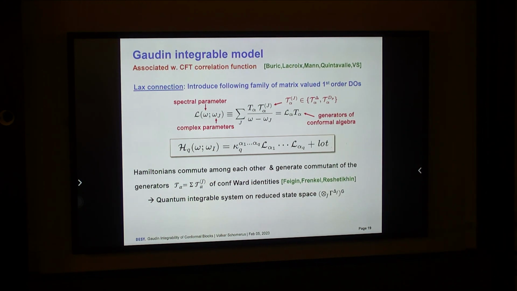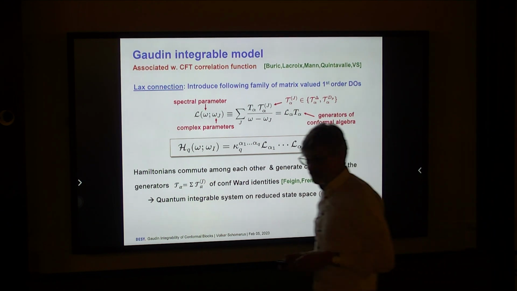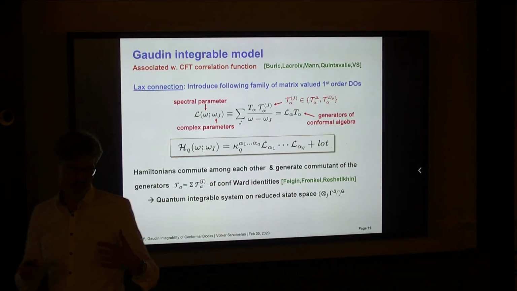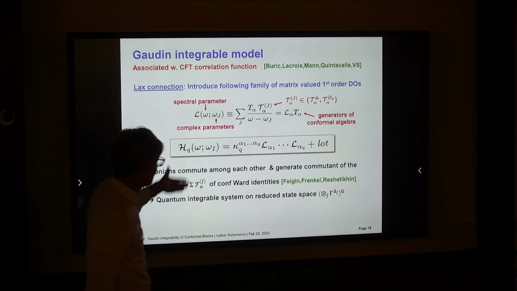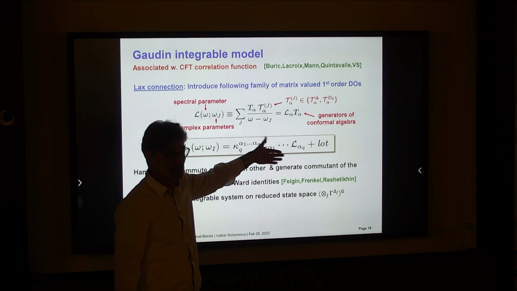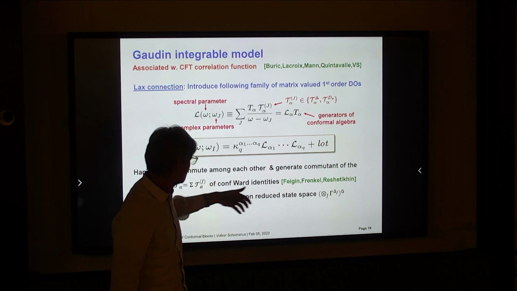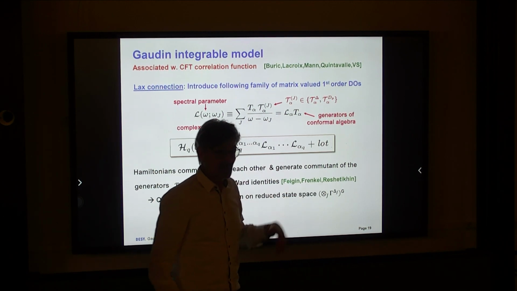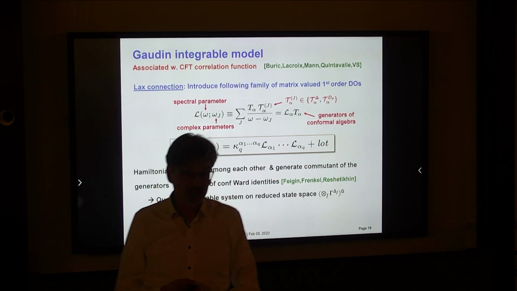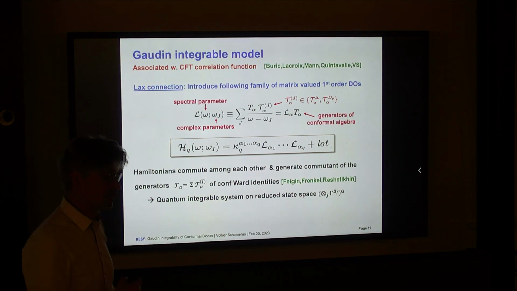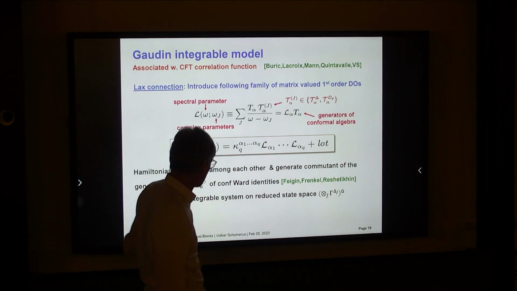It's consistent with the Ward identities, so it becomes differential operators that act on the solutions of the Ward identities, that is, on the correlation functions. So you get a finite set of commuting higher order differential operators that act on this space of CFT correlation functions and preserve the Ward identities.